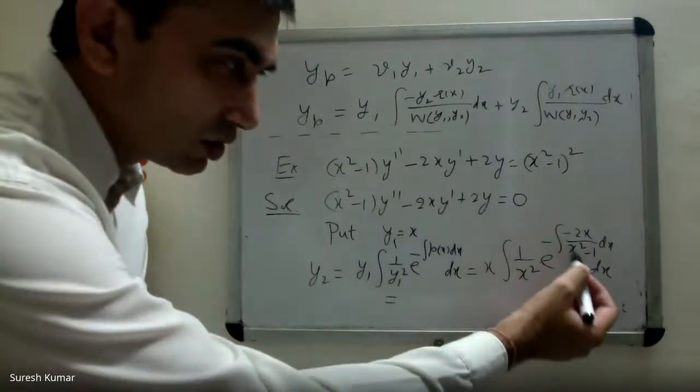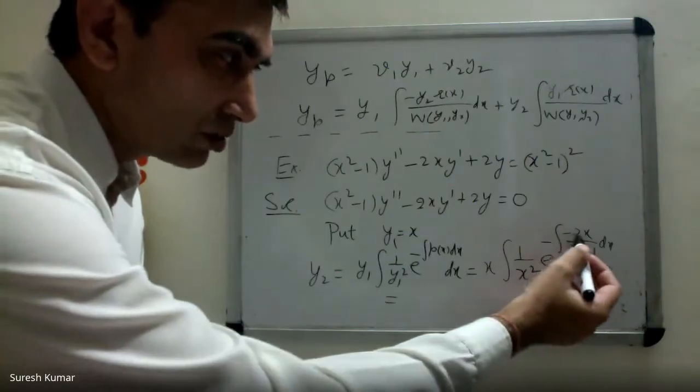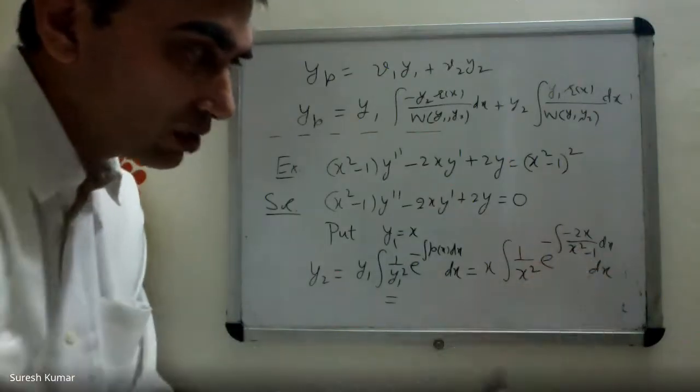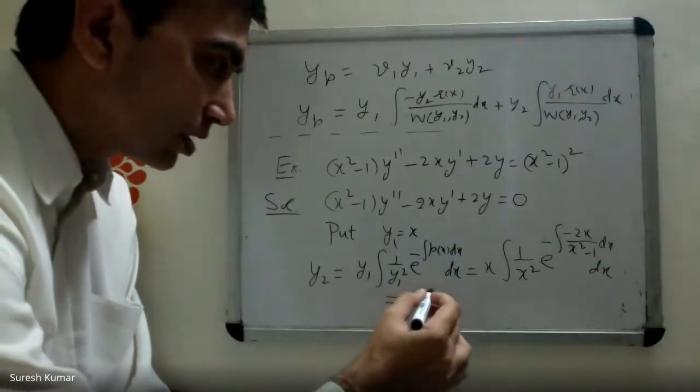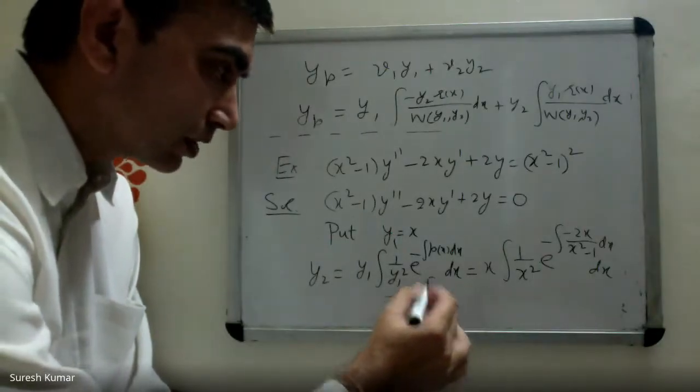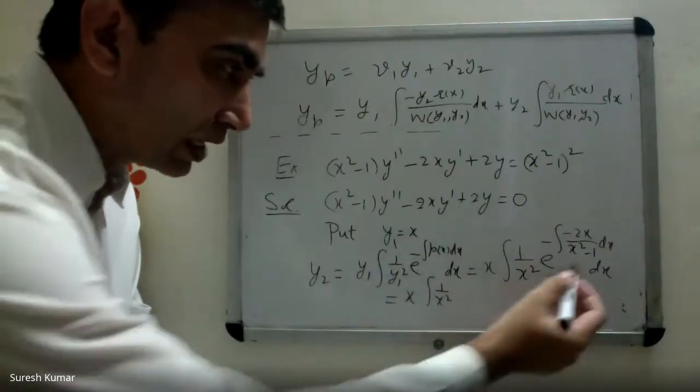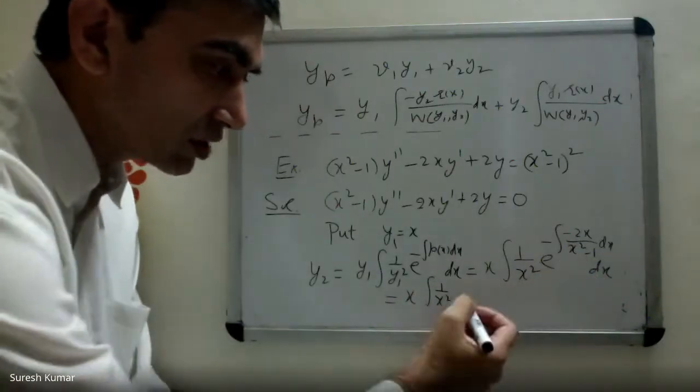What is the integration of this? It is ln of x squared minus 1, so e to the power gives x squared minus 1.